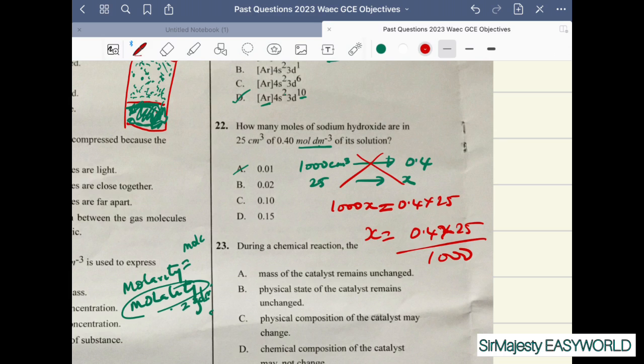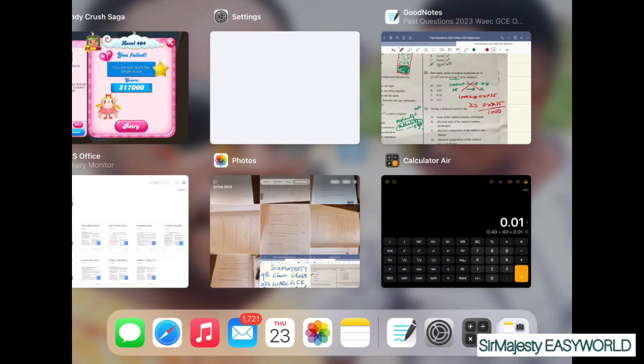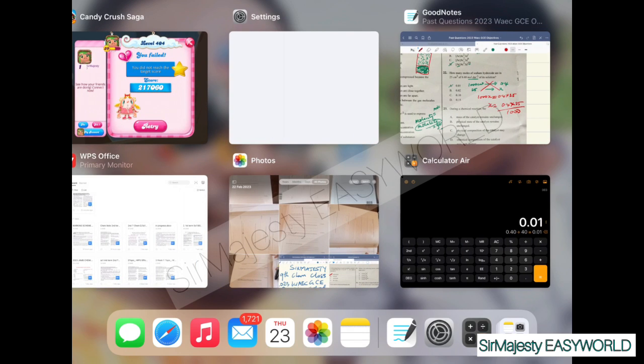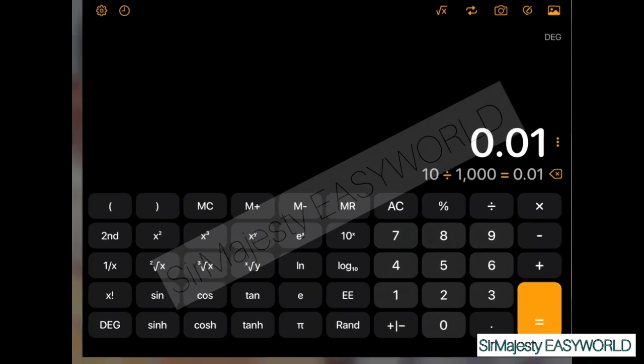Our calculator will automatically give us the same 0.01.